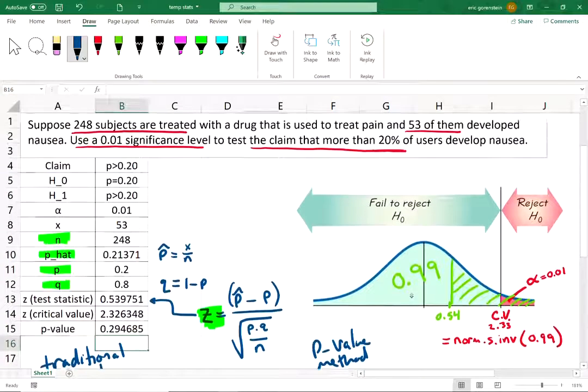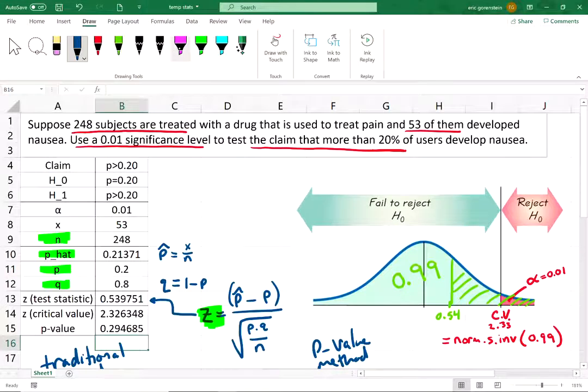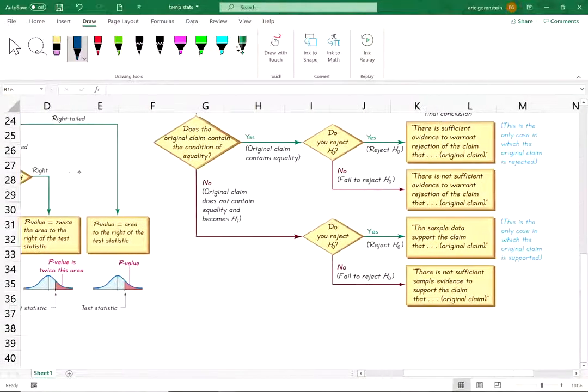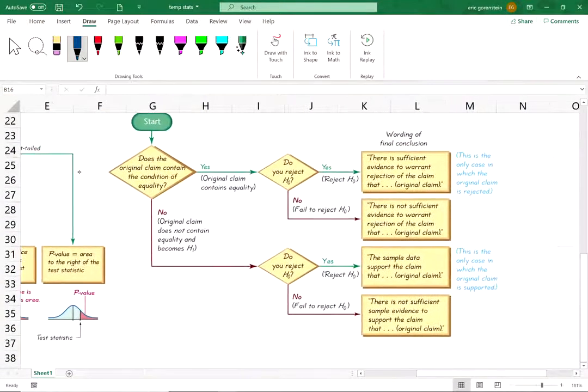So, original claim. The original claim contains a greater than sign, not an equal to sign, just a greater than. So if I go down here, I have that same flow chart over here. Does the original claim contain equality? No. The original claim was p is greater than 0.2.